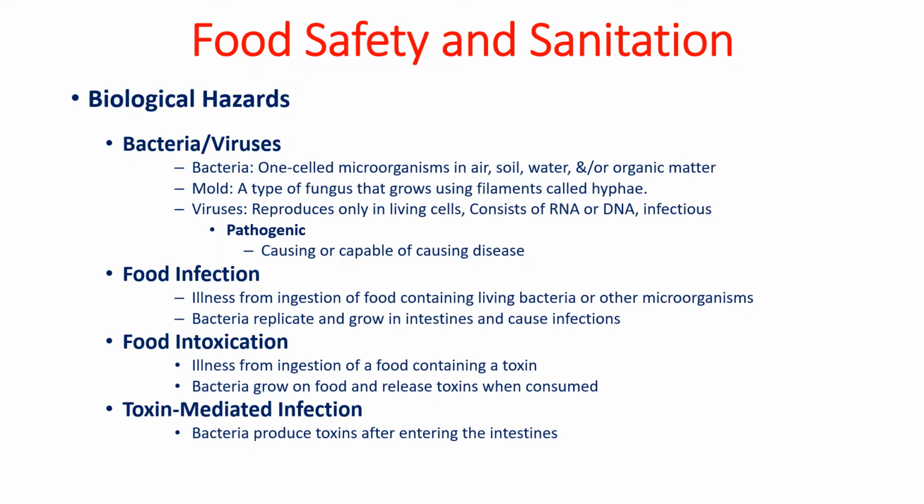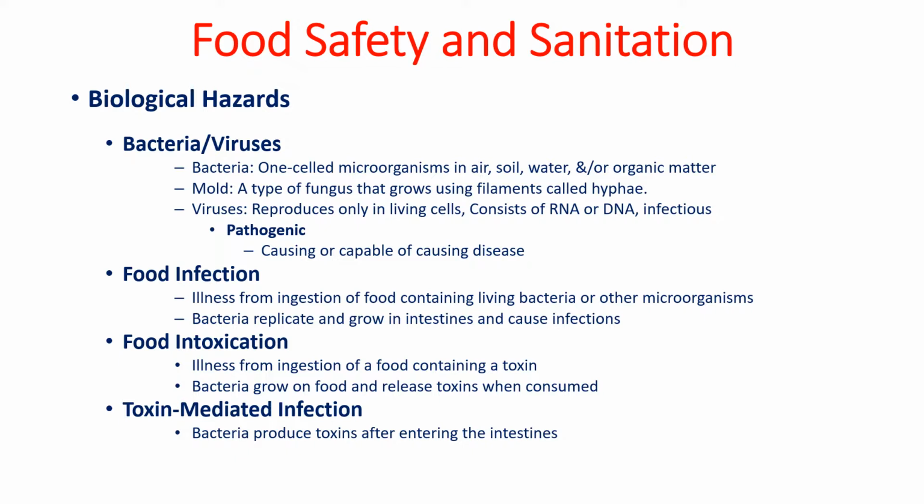Okay, so there are three major ways that biological hazards make the host, whoever's eating or consuming them, sick. The first one is called a food infection. This is an infection that happens purely because of the bacteria itself.